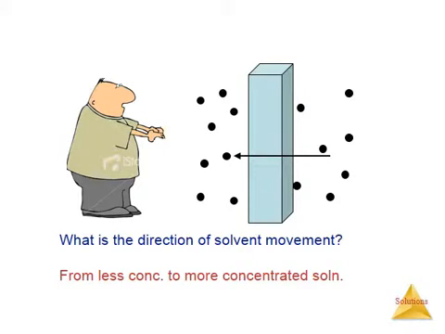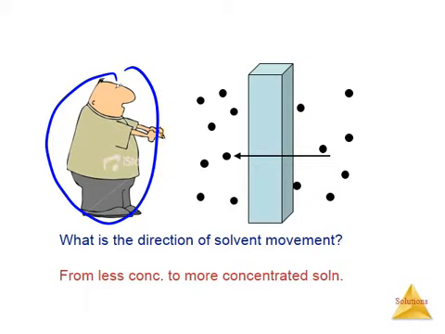Now in this slide, we are seeing that this big guy has already pushed the semi-permeable membrane to the right, and that pushed some solvent molecules from the right hand side to the left hand side. So here we establish the direction of solvent movement from the less concentrated to the more concentrated solution.